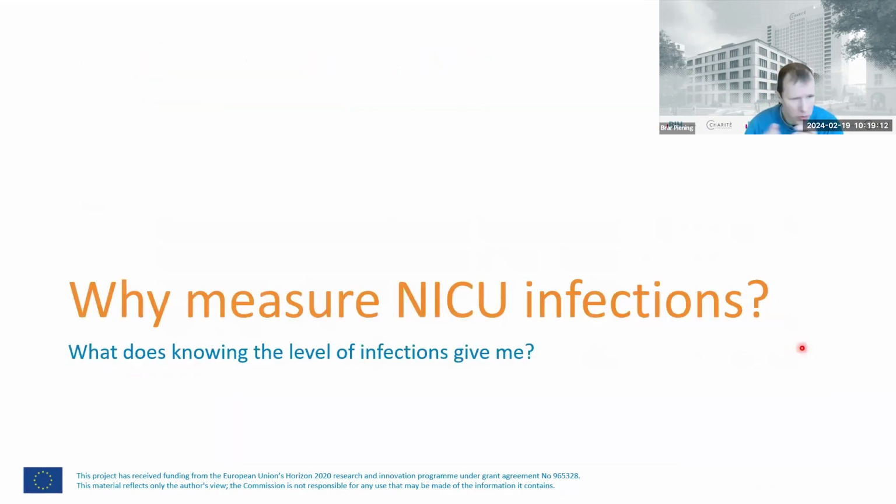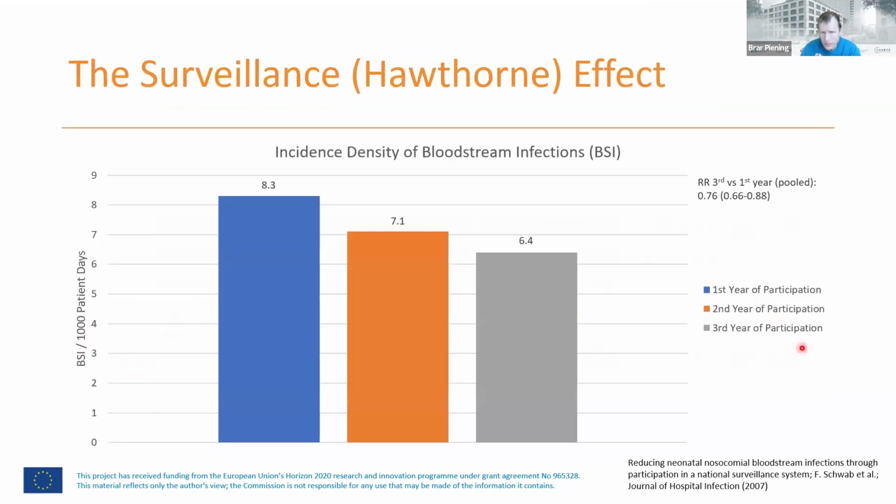So why do all this complicated stuff and measure these infections? What does it actually give me? So there's the Hawthorne effect, what we also call the surveillance effect. What you see here is the incidence density of bloodstream infection in the NeoKISS system over the first 3 years of participation.